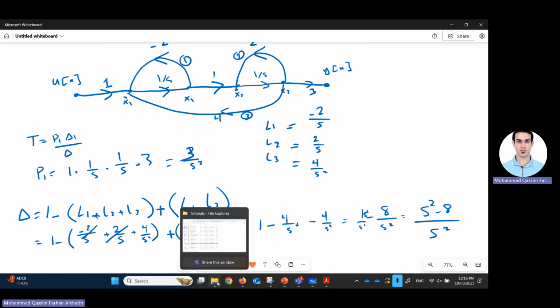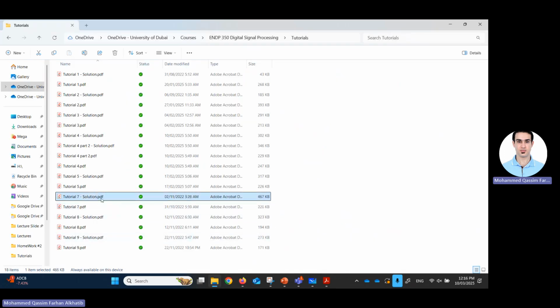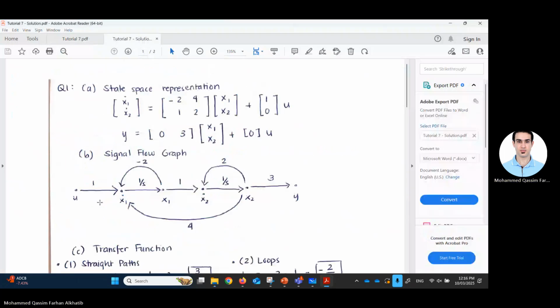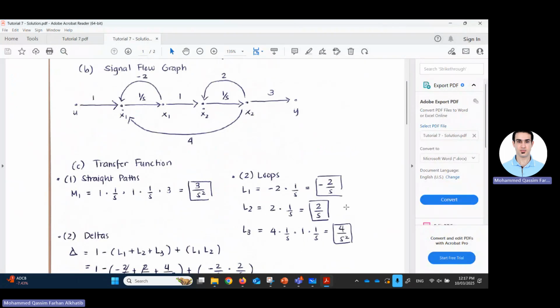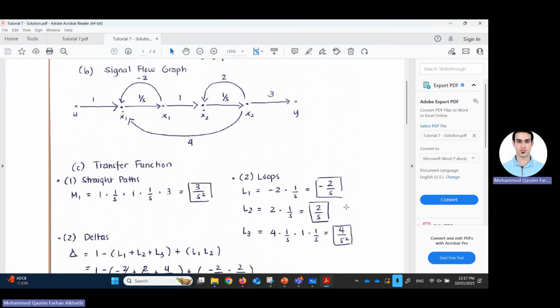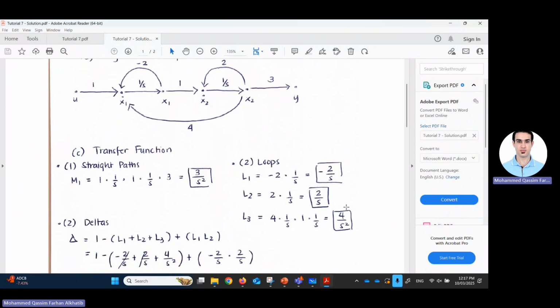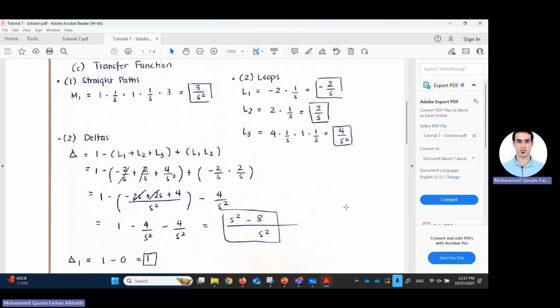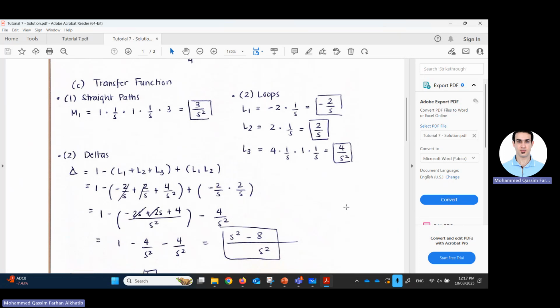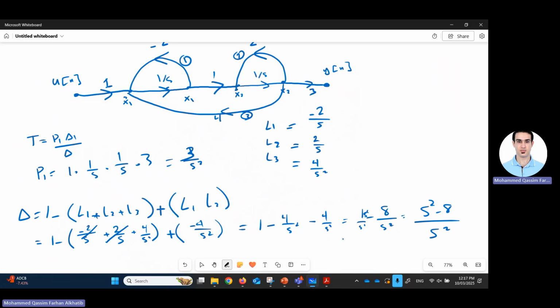I believe there's a solution. Let's double check. Okay, right, like the way we drew it. There you go, S squared minus 8 over S squared. So far we are on the right track. All right, now we need to find delta 1.